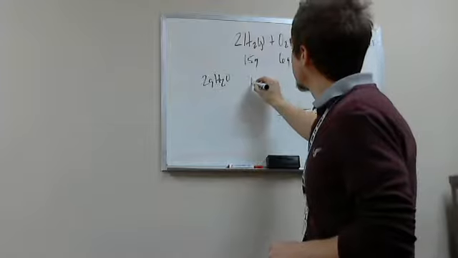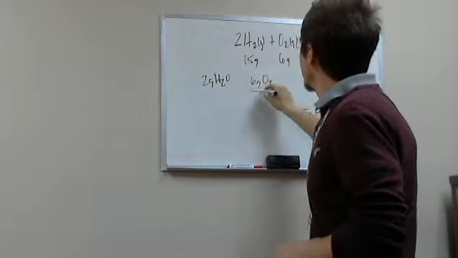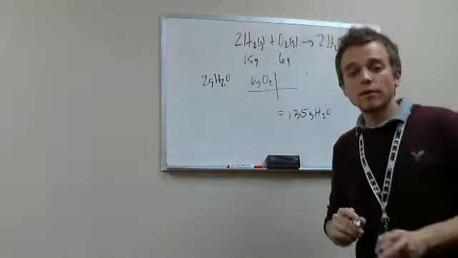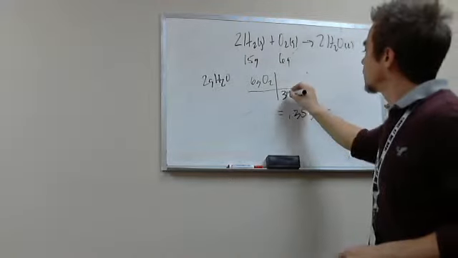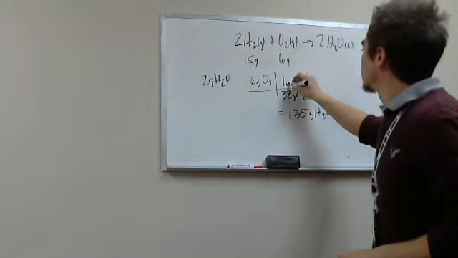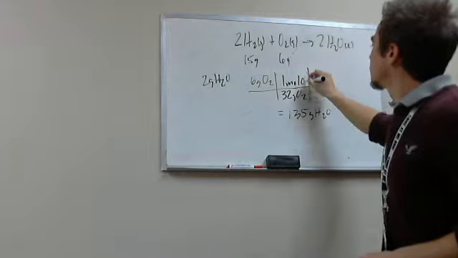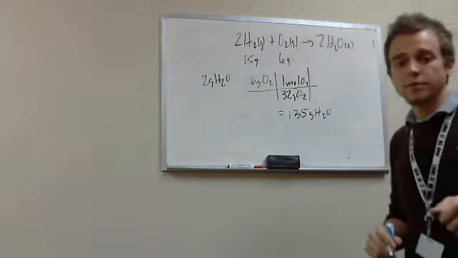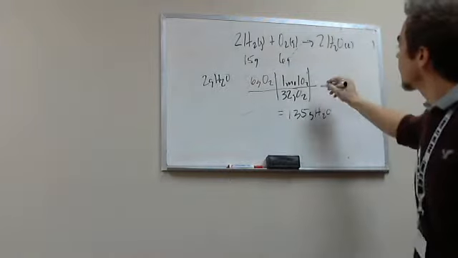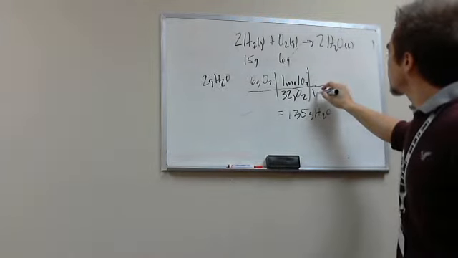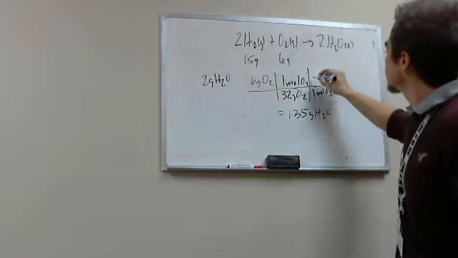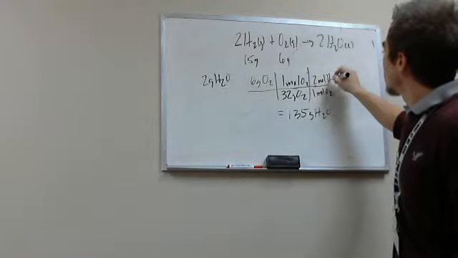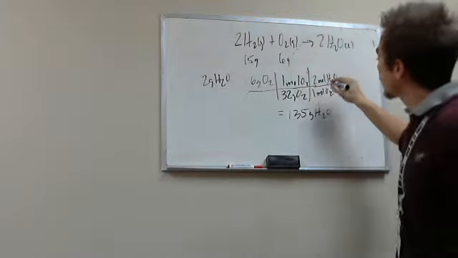Okay, so we've got 6 grams of oxygen starting out. Our molar mass of oxygen is 32. Our molar ratio, or stoichiometric ratio, for oxygen to water: for every 1 oxygen we put in, we get 2 moles of water out.